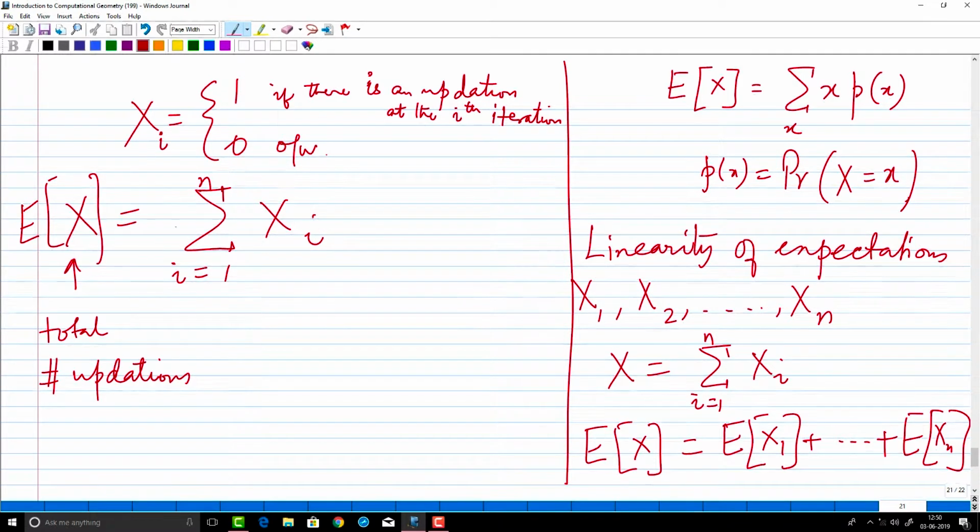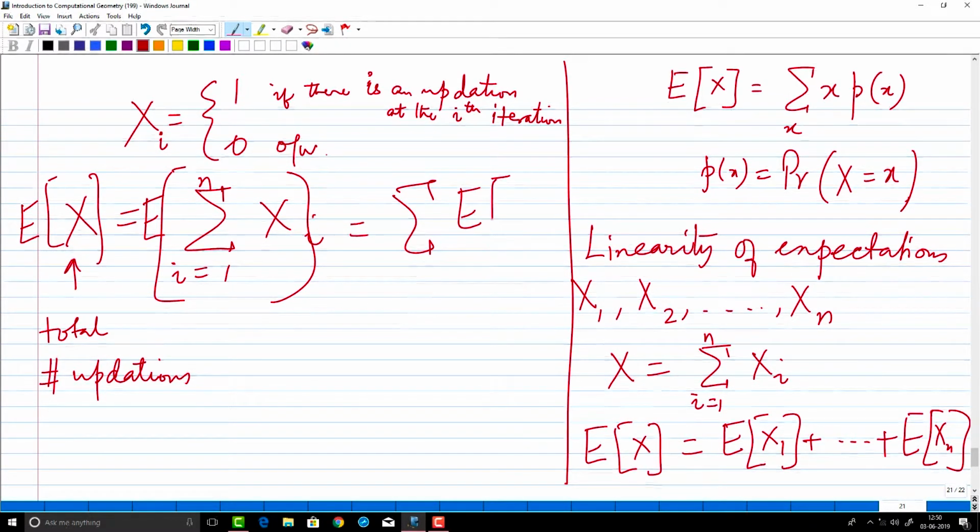This is what I would be interested in, and because linearity of expectation holds, you can just figure out each term and then take the sum. Fine.